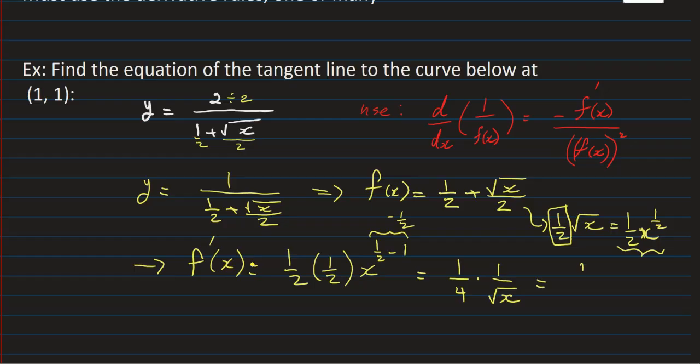So simplifying more, 1 over 4 root x, that is the f prime of x.